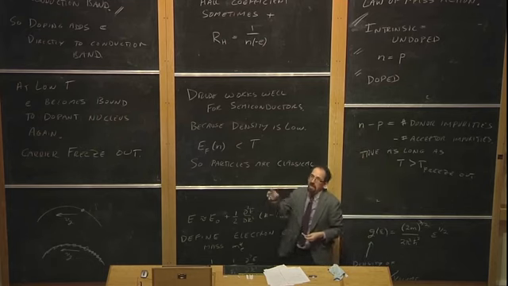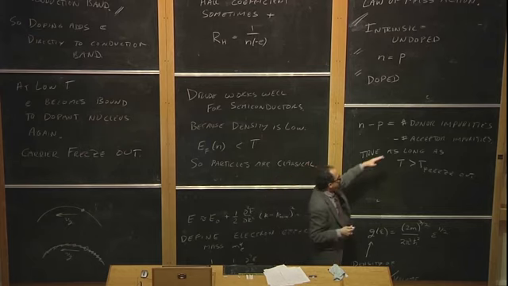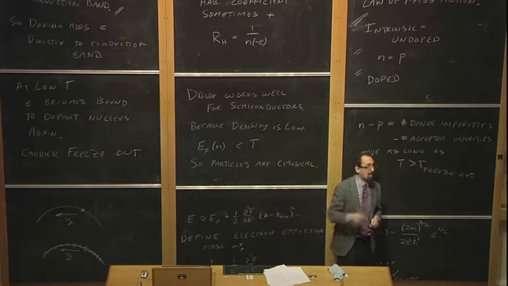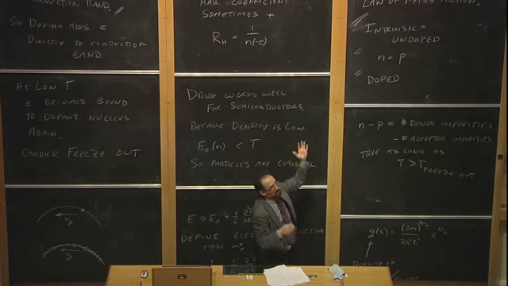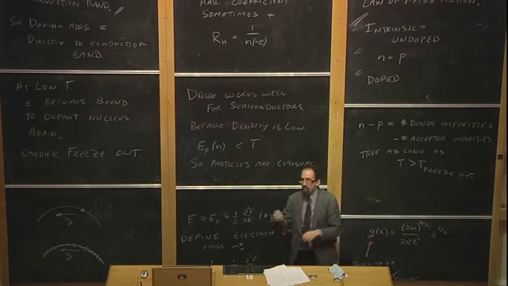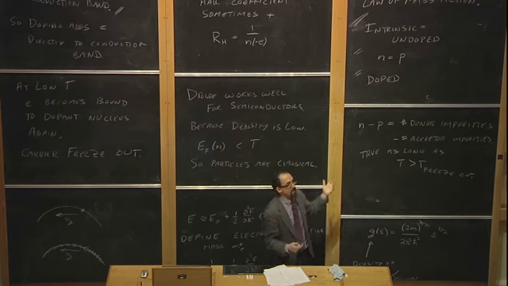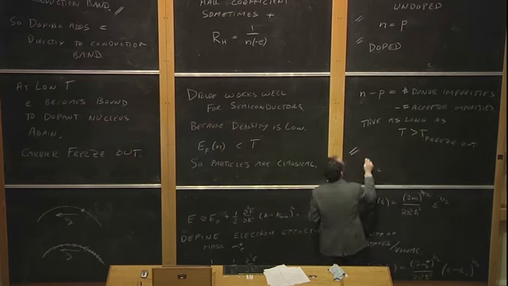This means that as you add donor impurities, the chemical potential goes up. So you get more electrons and fewer holes, but the product of the number of electrons and the number of holes stays fixed. As you add more acceptors, the chemical potential goes down. You get more holes than electrons, but the product of the two stays fixed. Maybe I'll even write that before calling it quits.